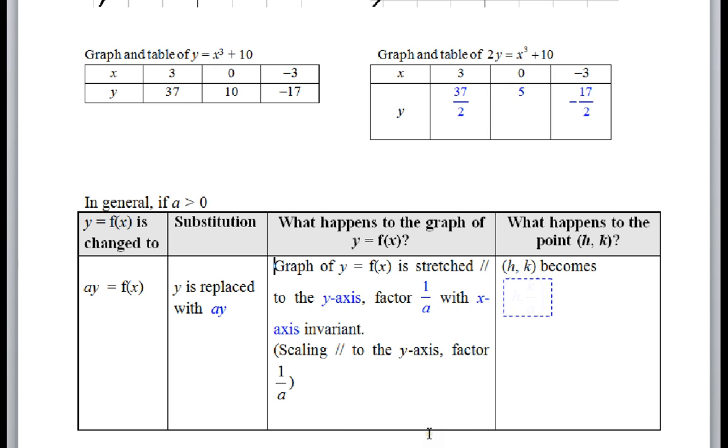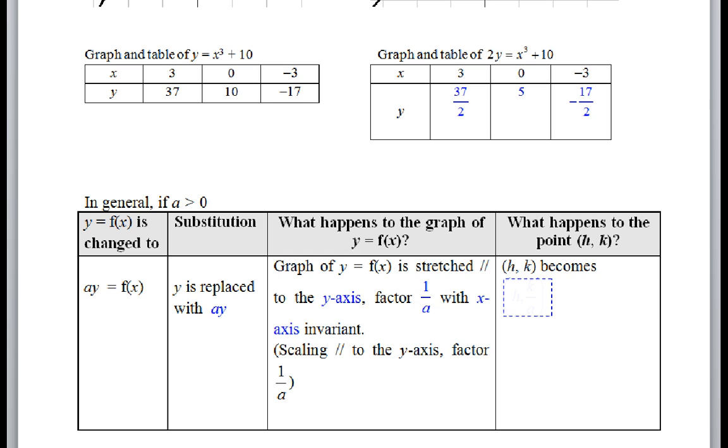I'm going to explain what is the x-axis invariant. What does it mean when I say x-axis invariant? Very good, some of you said it very accurately. That means when I stretch parallel to the y-axis, whatever points on the x-axis will not change, because you're stretching like that. Imagine it's the center of the stretch.